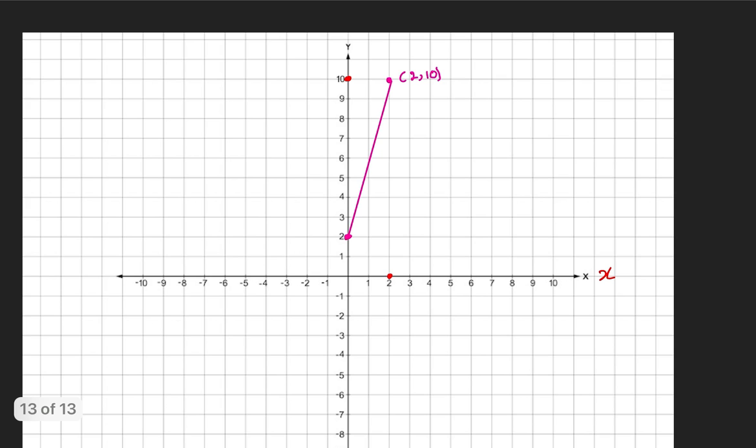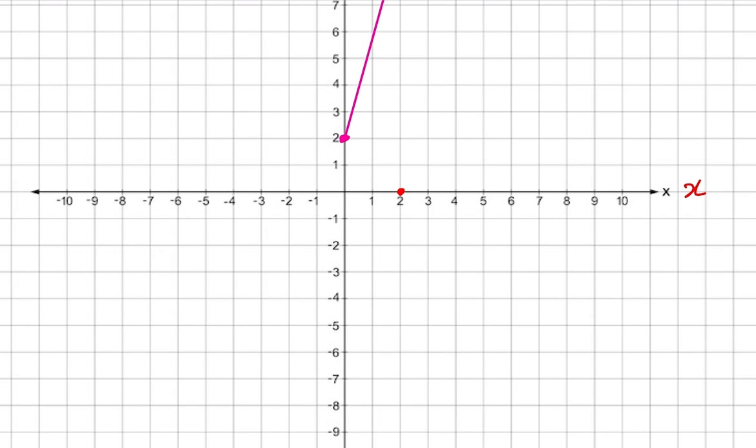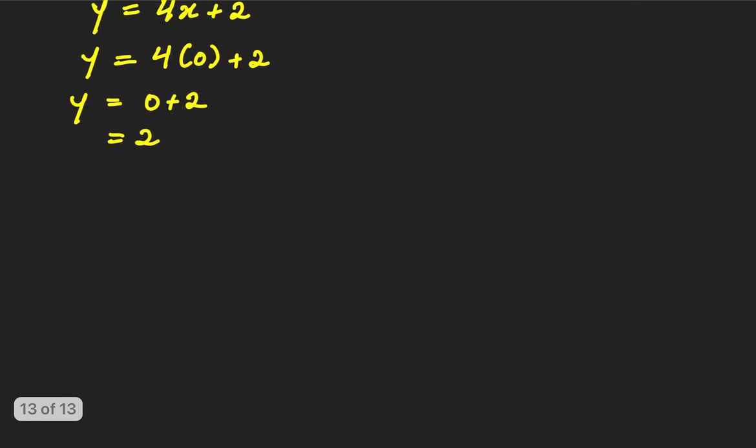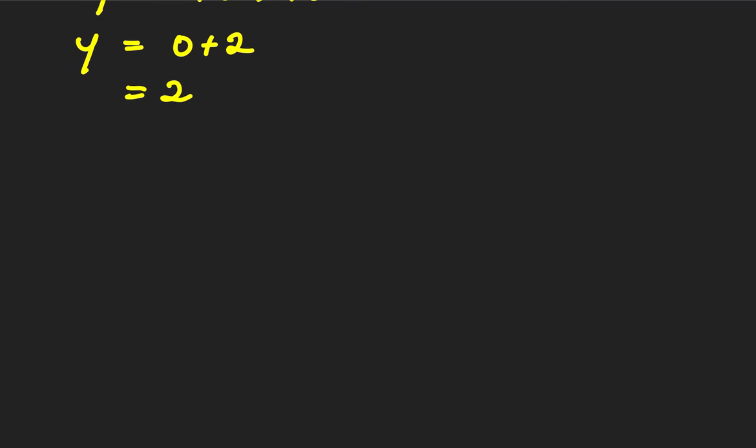Now let's see what happens when x is equal to negative 1. We have y is equal to 4x plus 2.